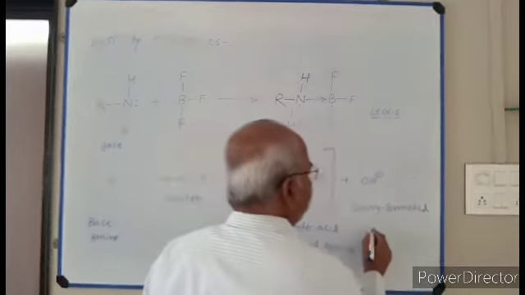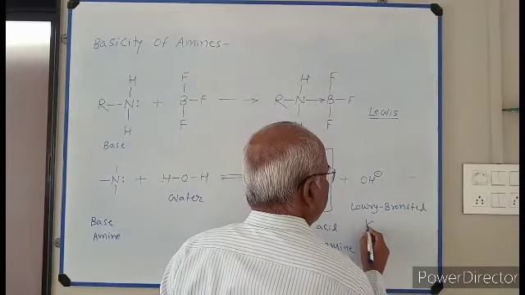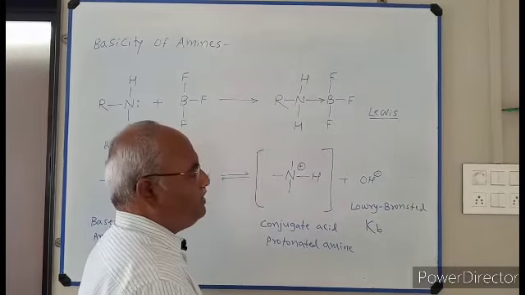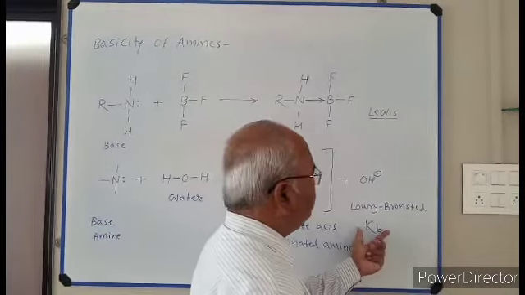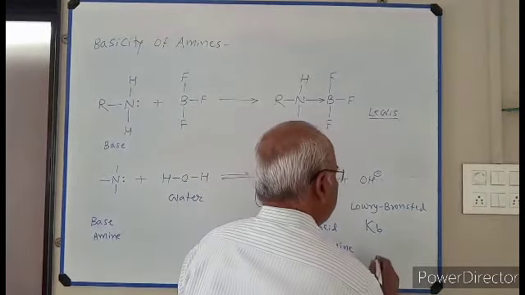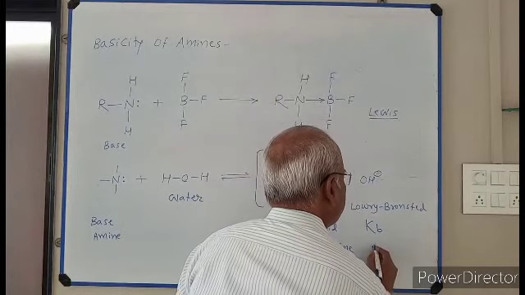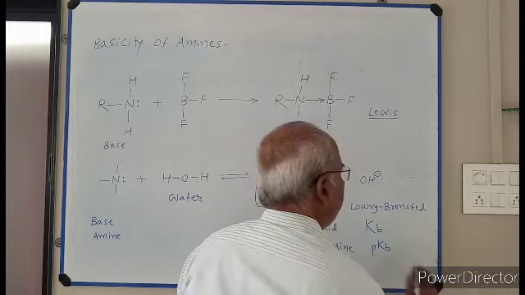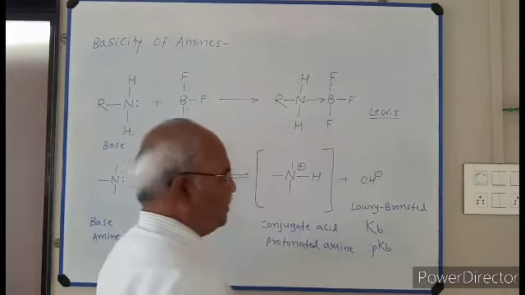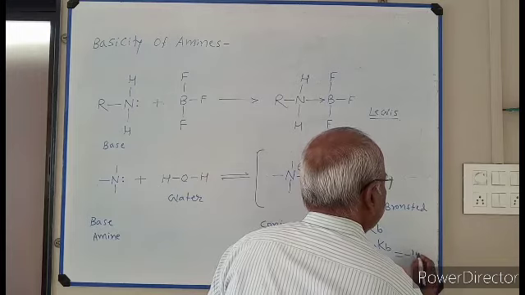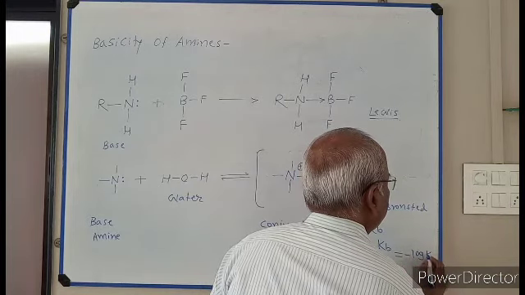The basic strength of an amine is expressed in terms of the Kb value. Kb means the dissociation constant of a weak base. The basic strength is also expressed in terms of pKb. pKb is equal to minus log of Kb.